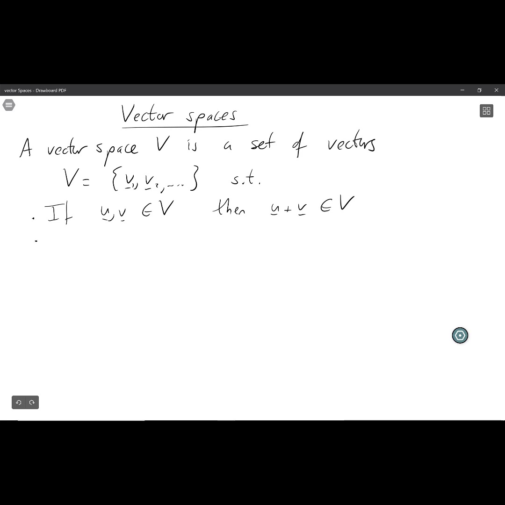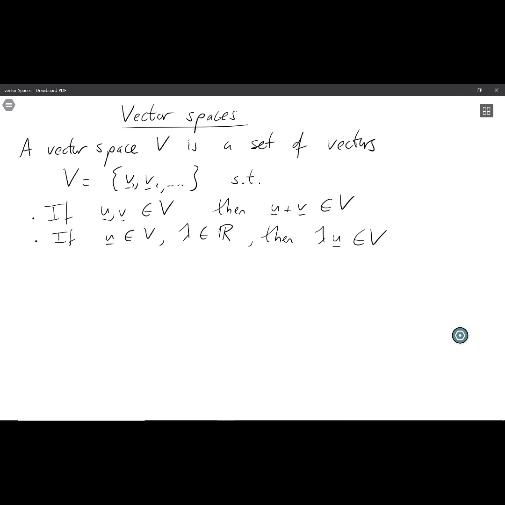The second point is if U is in the vector space and lambda is a real number, we're going to be considering real vector spaces here, then lambda times U is in the vector space. Add and multiply here obey all the normal rules.